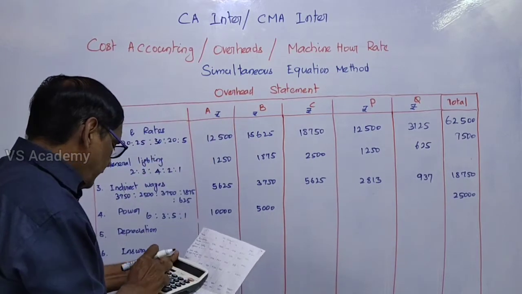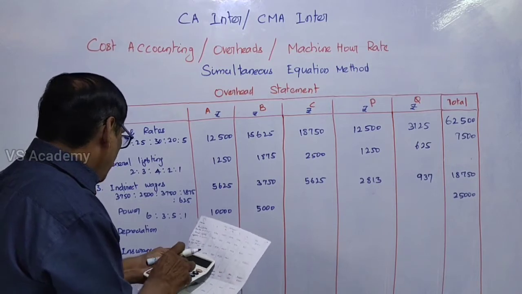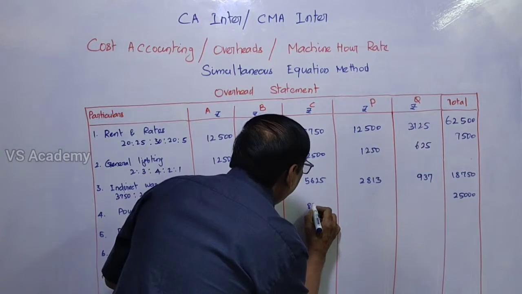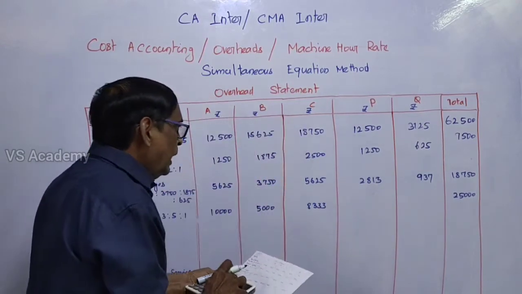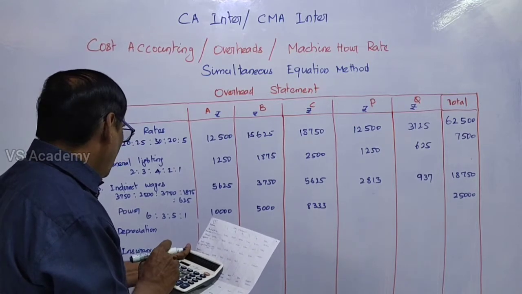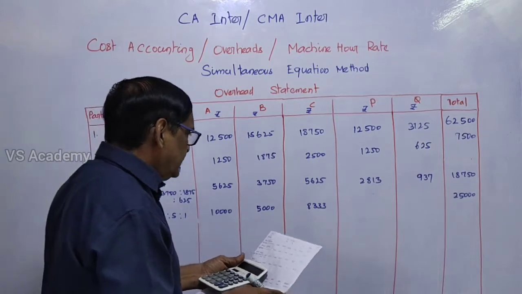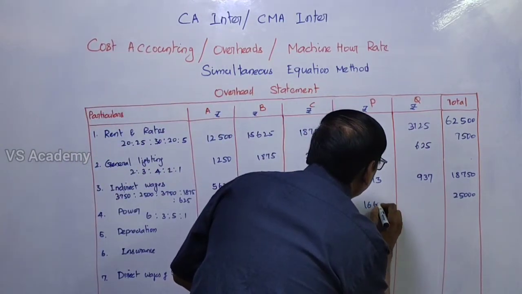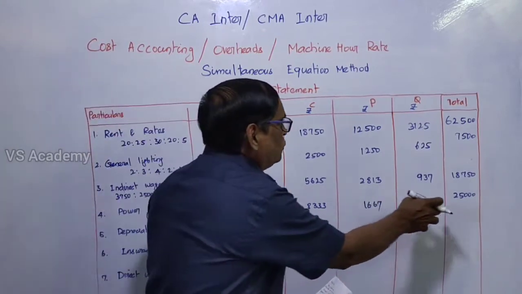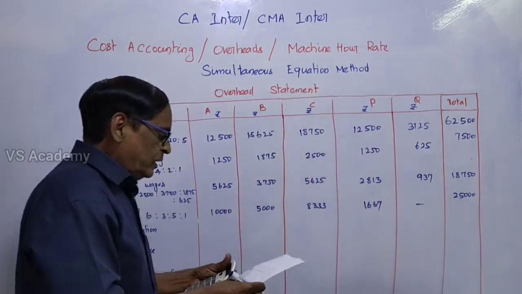And then 25,000 divided by 15 into 5, so 8,333. And then 25,000 divided by 15 into 1, 1,667. If you add all four, you get 25,000 rupees. Understand? Here the ratio is not given separately.